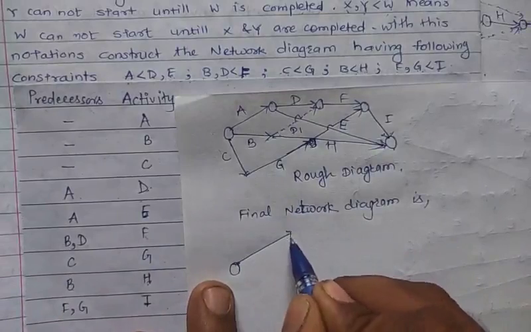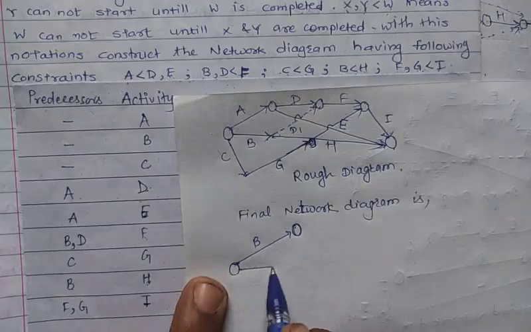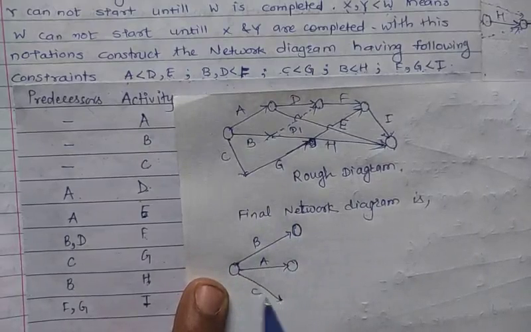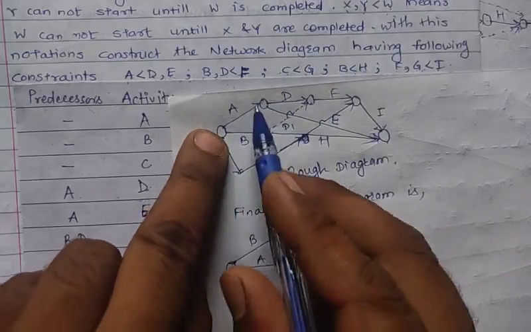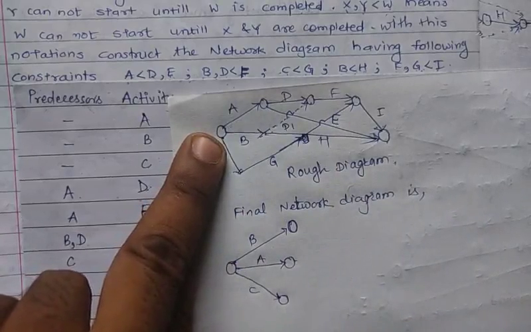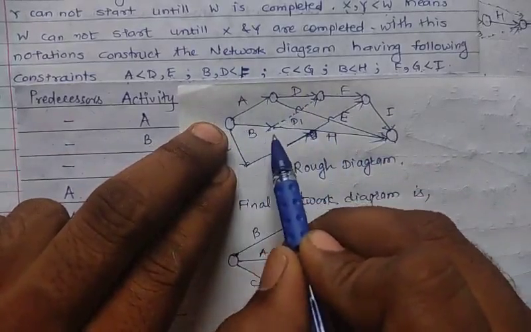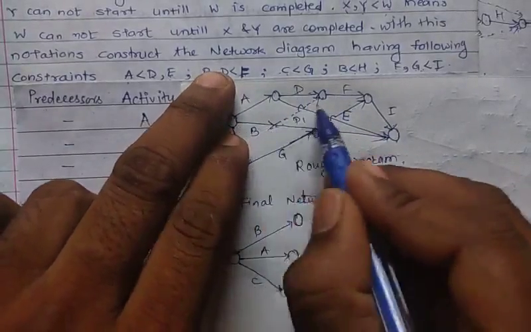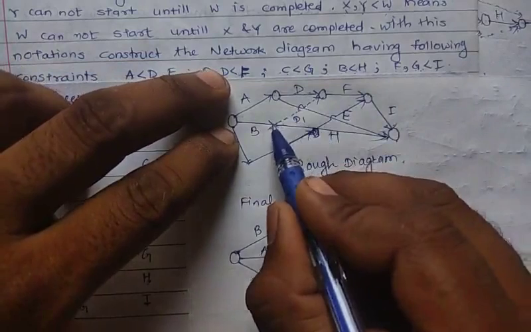So this is activity B, this is activity A, and this is activity C. Okay, so A goes to D. In the figure we see that A goes to D and that F has D and B as the predecessors.